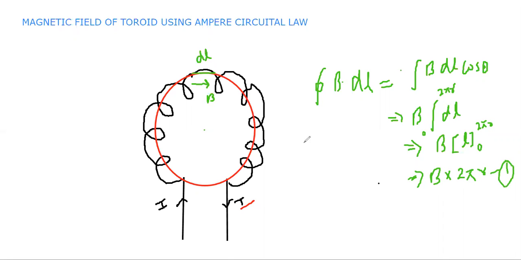Now according to Ampere's circuital law, you know that the line integral of the magnetic field is mu naught times the current flowing through the closed loop.